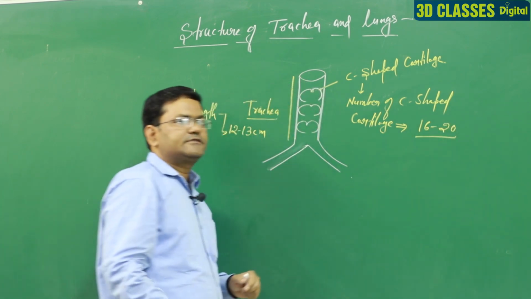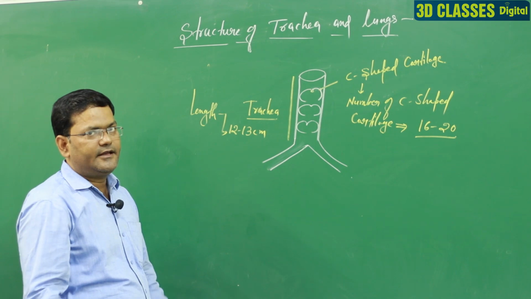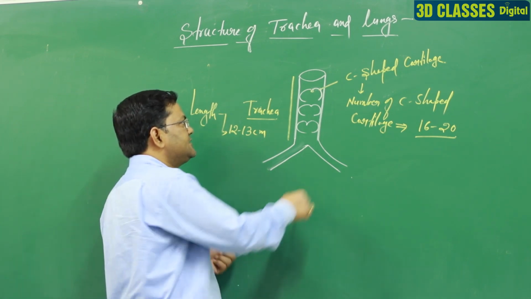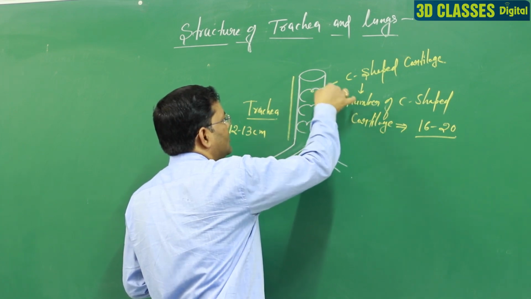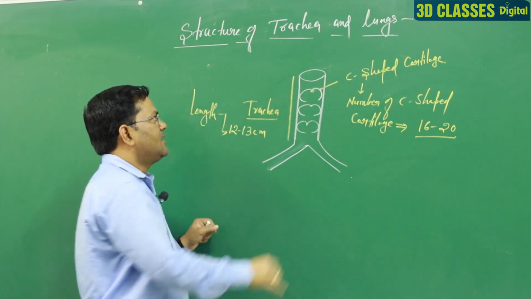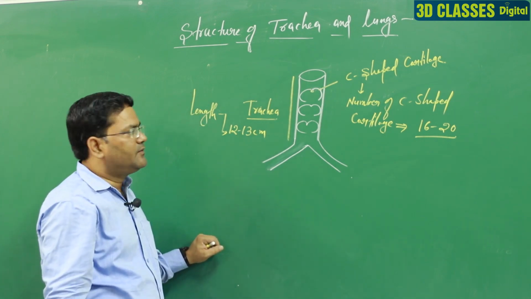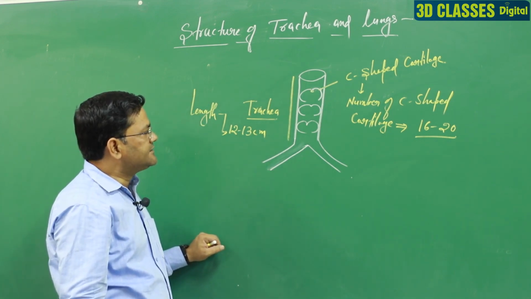That means approximately 16 or 18 or 20 are always present, and this is the part of the trachea. And at the upper part of the trachea, you know, is the larynx, which I explained.